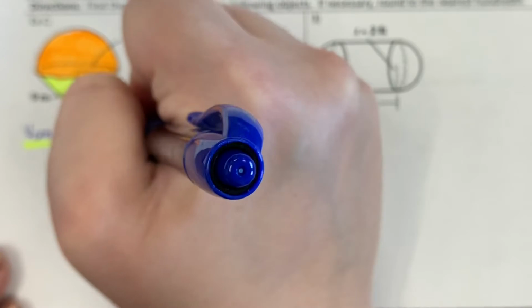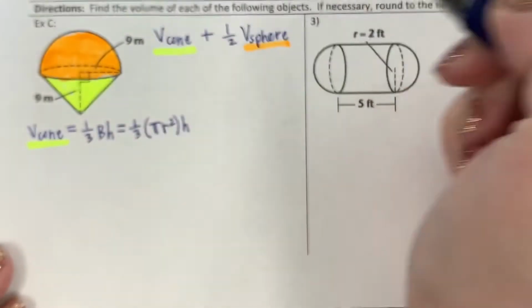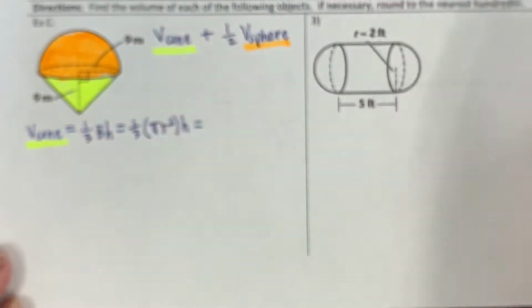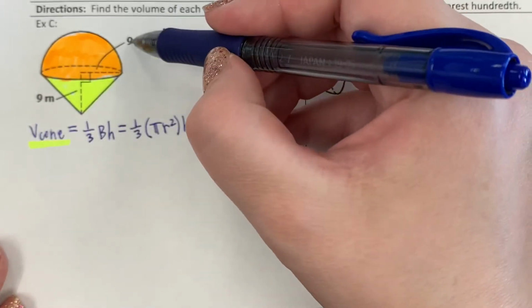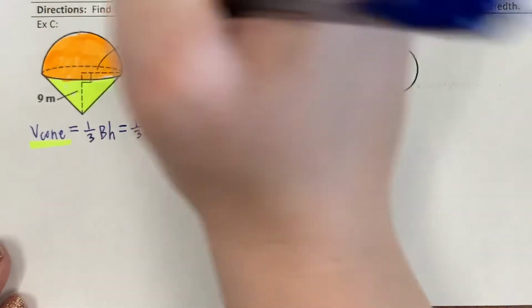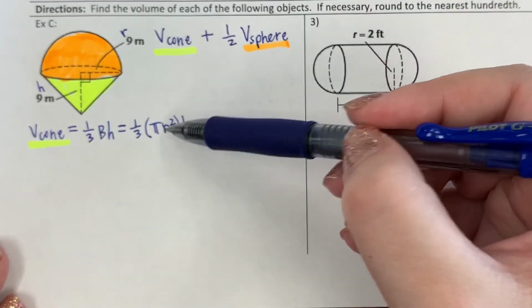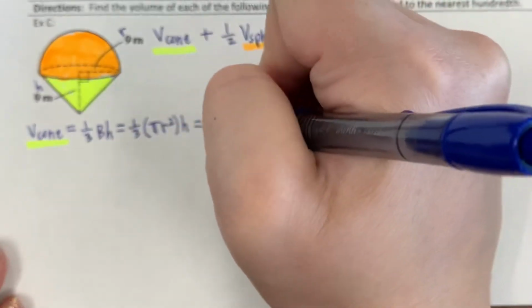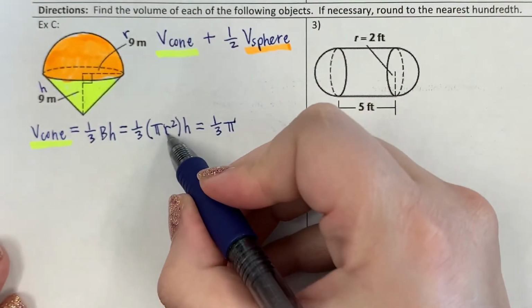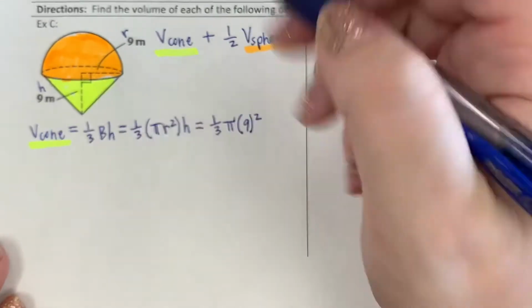So in other words, we're doing 1/3 times our base of pi r squared times the height. And then we can look at our figure here. I can see 9 meters here is labeling my radius. And then this 9 meters is my height of the cone. So I can plug in my radius and my height. So I would have 1/3 times pi times my radius we set is 9. So 9 squared times our height we set is 9.